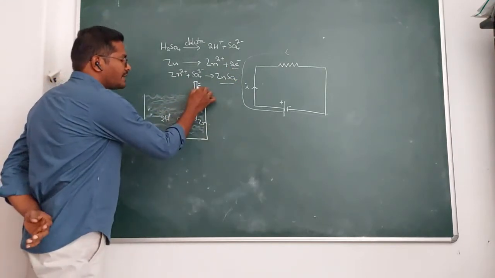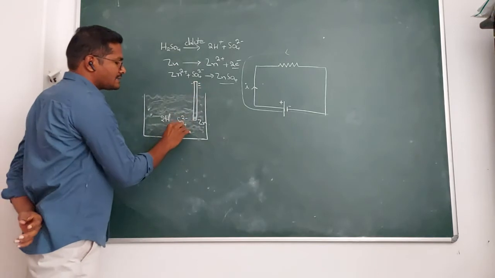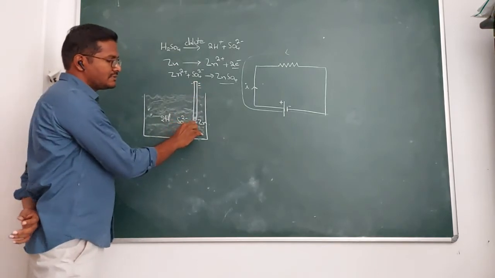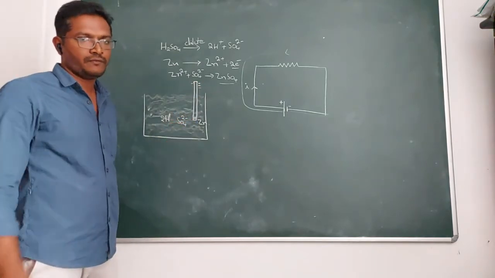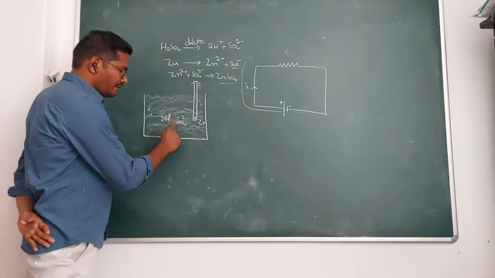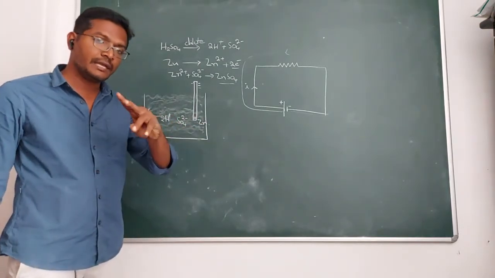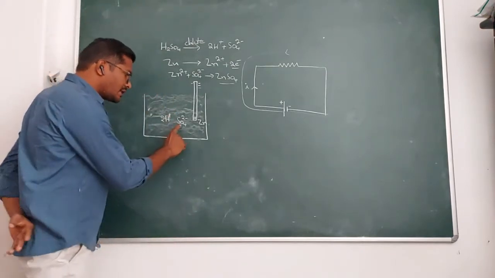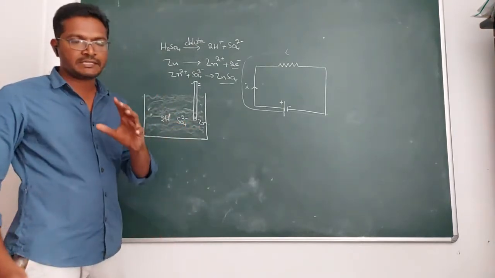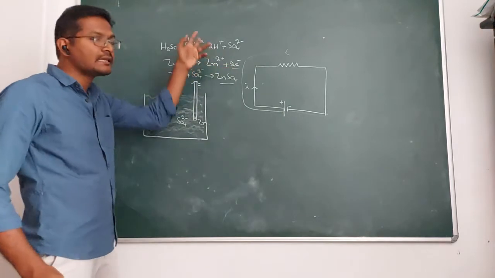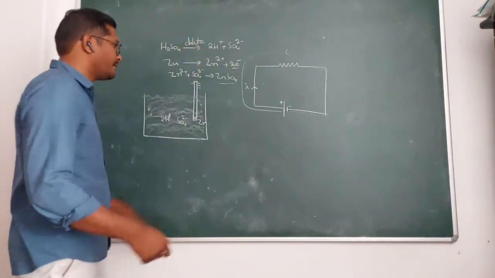In such a way, as one SO4 2 minus mixes with the Zn, you get 2 electrons. If another SO4 2 minus mixes with the Zn, then you get 4 electrons. If 3 SO4 2 minus are mixed with the Zn, then you get 6 electrons from Zn.